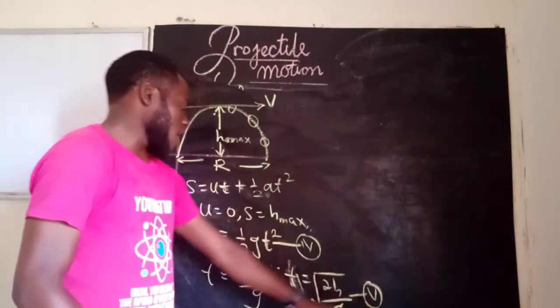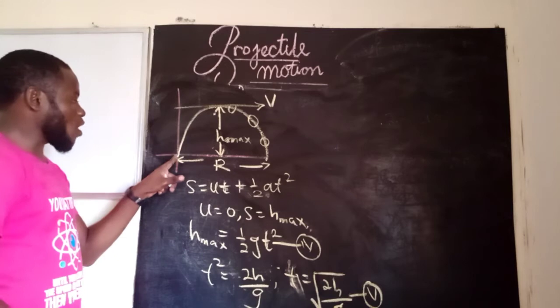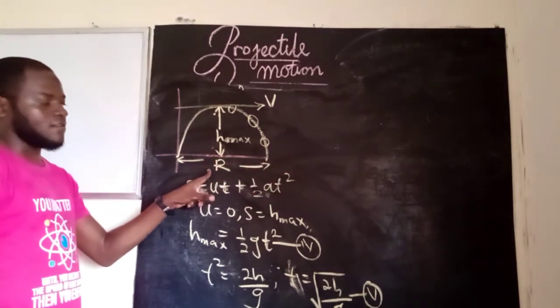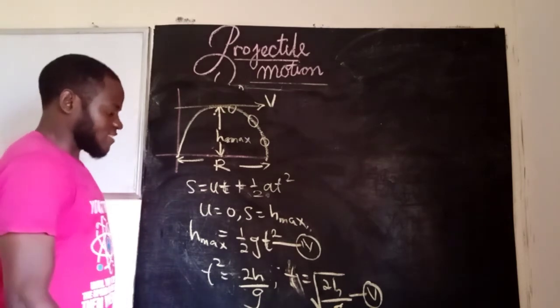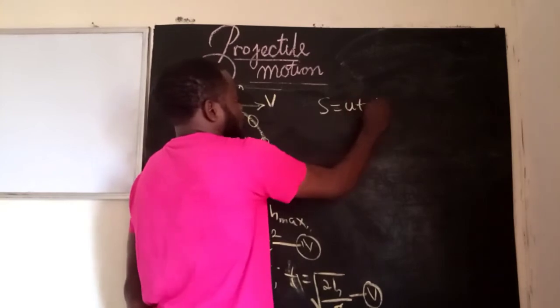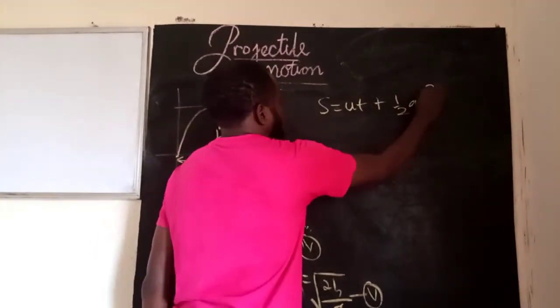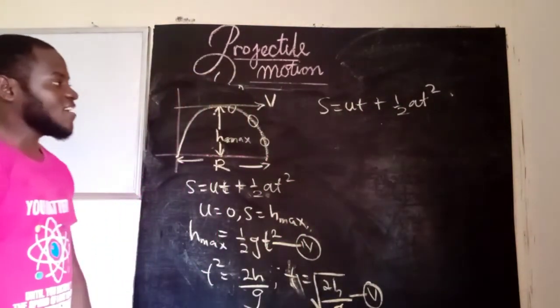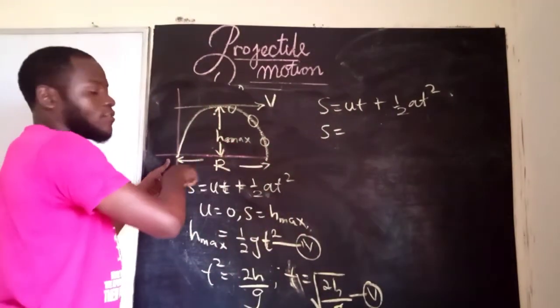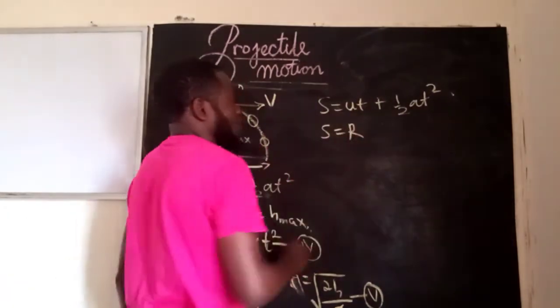Okay, now let us see what is the distance covered horizontally, that is the range of the projectile. That is very simple to determine now. So we still recall that S is ut plus 1 over 2 at squared. If this should be the case, our S now will be the distance covered horizontally. So S is equal to what?